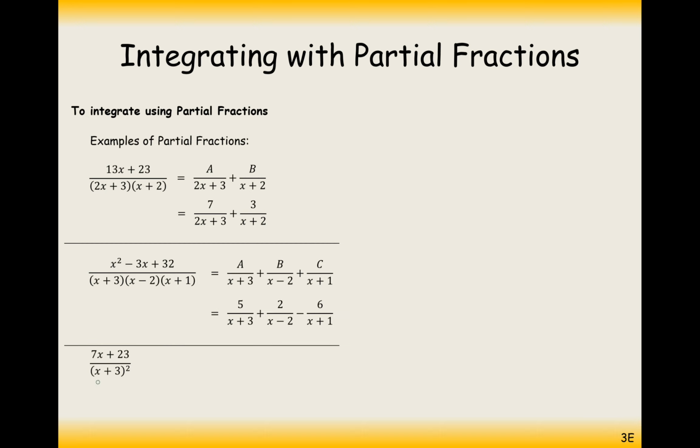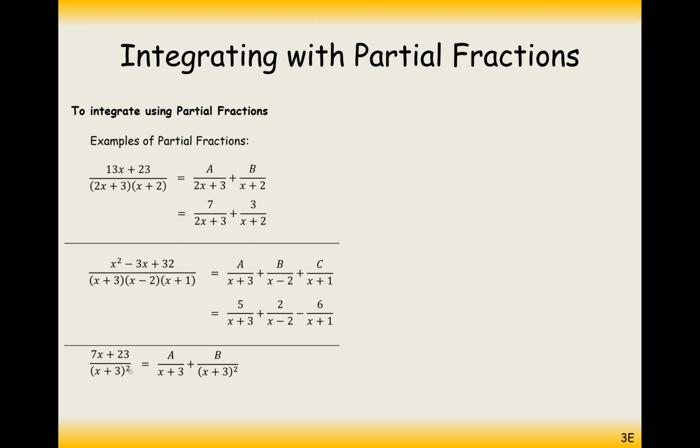A next example might have a bracket where it's repeated. It's a repeated bracket, so x plus 3 squared. The way we deal with these is that you put one number on the x plus 3 without any powers on it, and then add another term on top of x plus 3 squared.